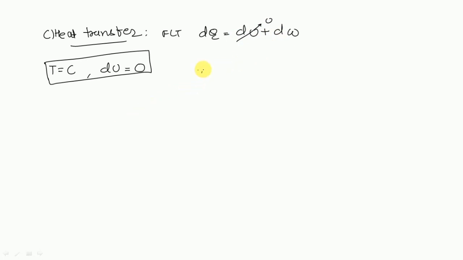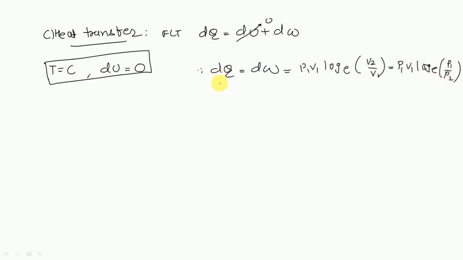So we can write this relation dq is equal to dw, and that's why here we already derived dq is equal to P1 V1 log base e V2 by V1, or we can write P1 V1 log base e P1 by P2. So this is the relation for heat transfer and work done.